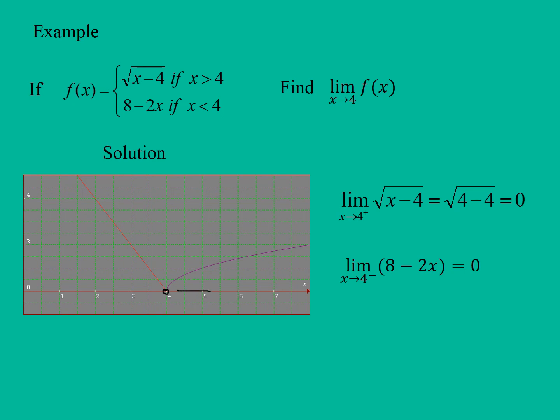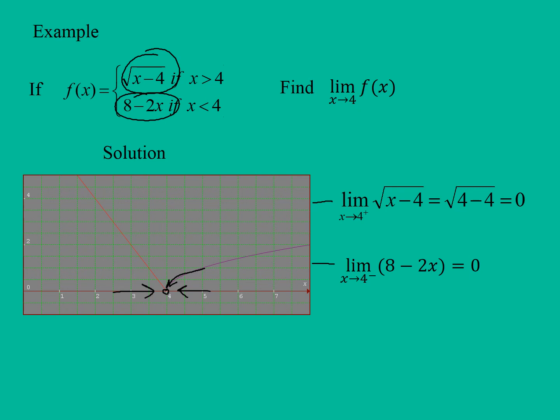But looking at the one-sided limits, if we're approaching 4 from the right, we would be using this function, and we can see the y values are going to 0. If we're approaching 4 from the left, which means less than 4, we would be using this function.